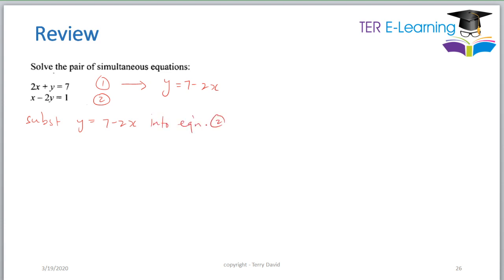equation 2. We're going to end up with x minus 2 by y, which is this, equal to 1. So to remove the brackets again, this becomes x 2 by 7 gives me 14, and minus 2 by minus 2x gives me plus 4x equal 1.